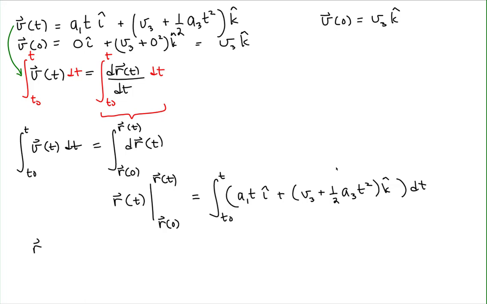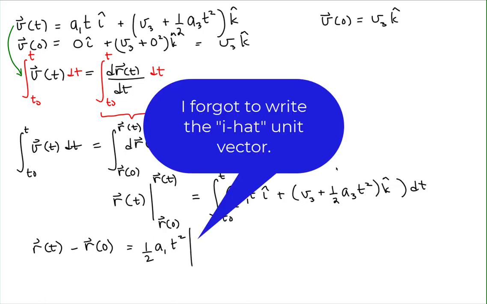So the left side of this ends up with our position as a function of time minus our position at our initial value of time, is equal to, now we have to integrate the right side. The x component is equal to 1/2 a1 t squared evaluated from t naught to t.